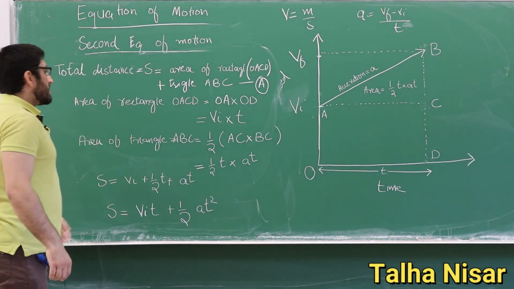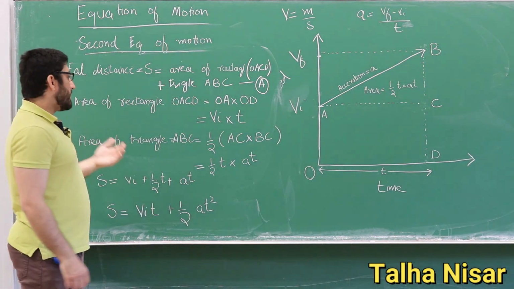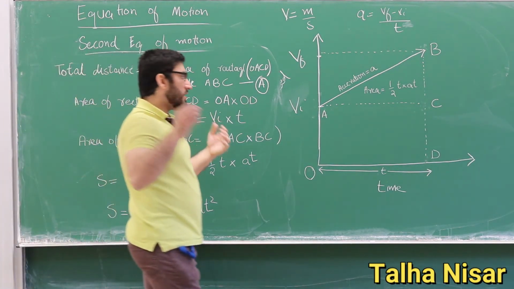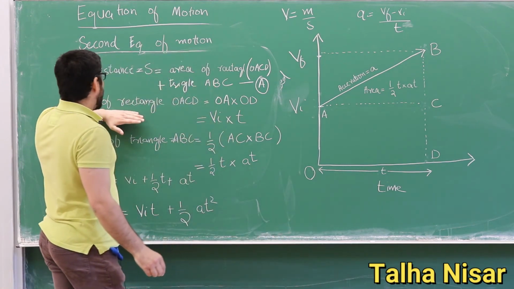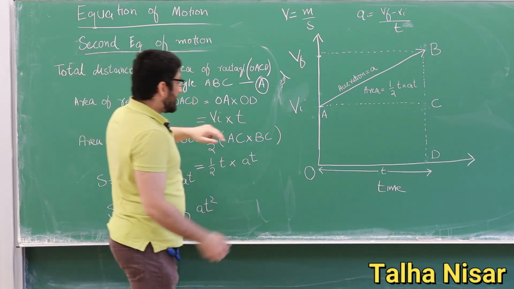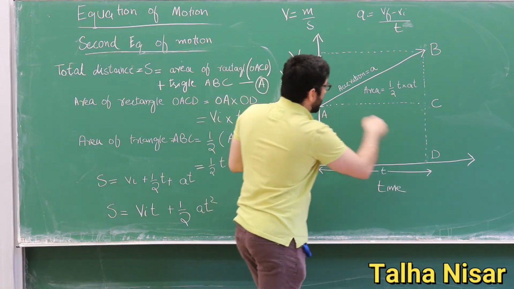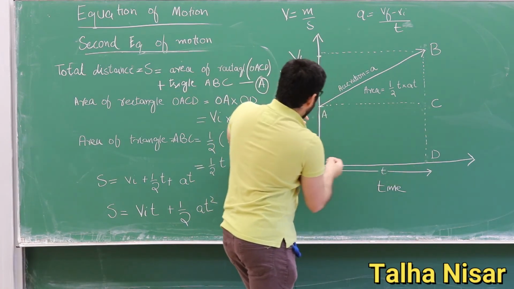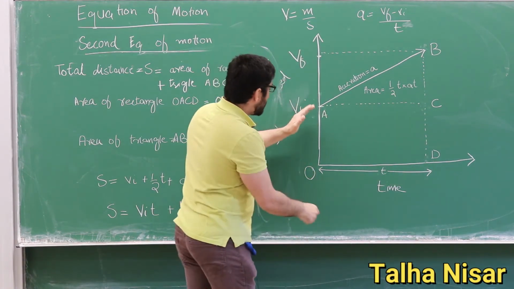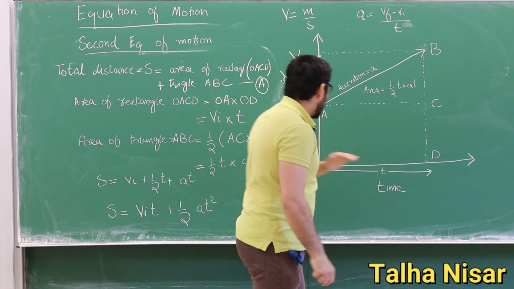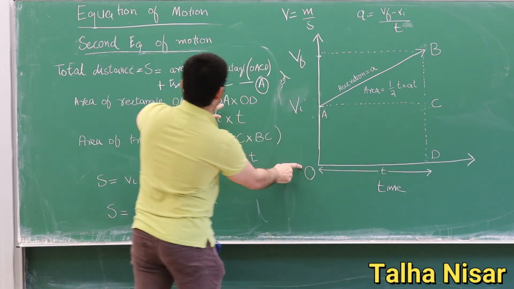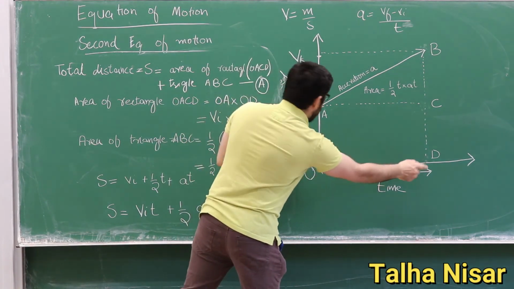First we derive the area of the rectangle. The area of the rectangle is this side multiplied by this side, OA multiplied by OD.